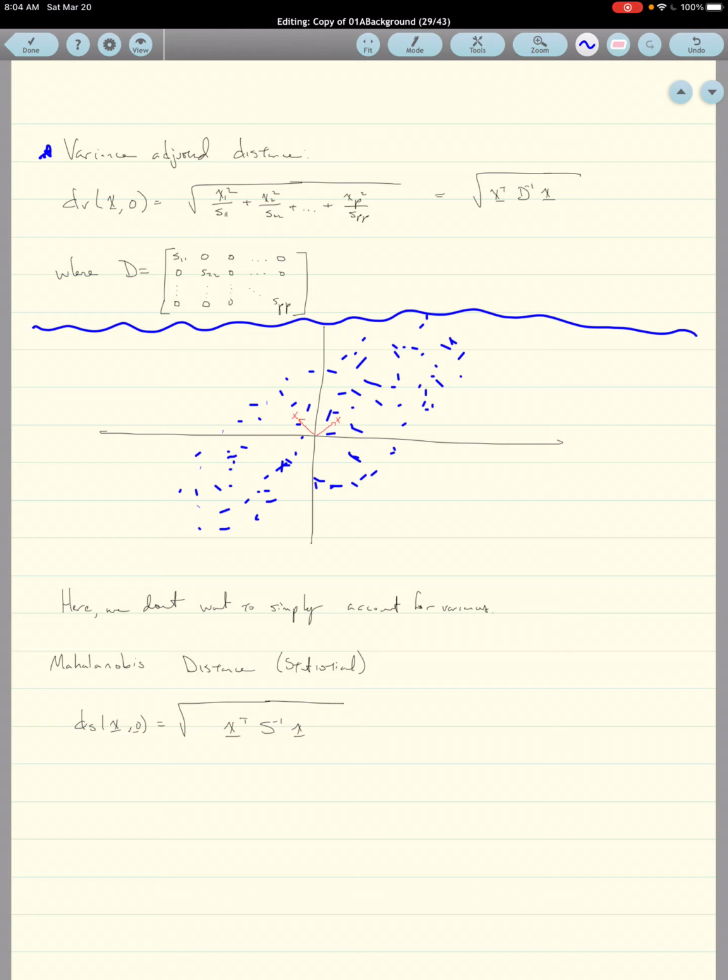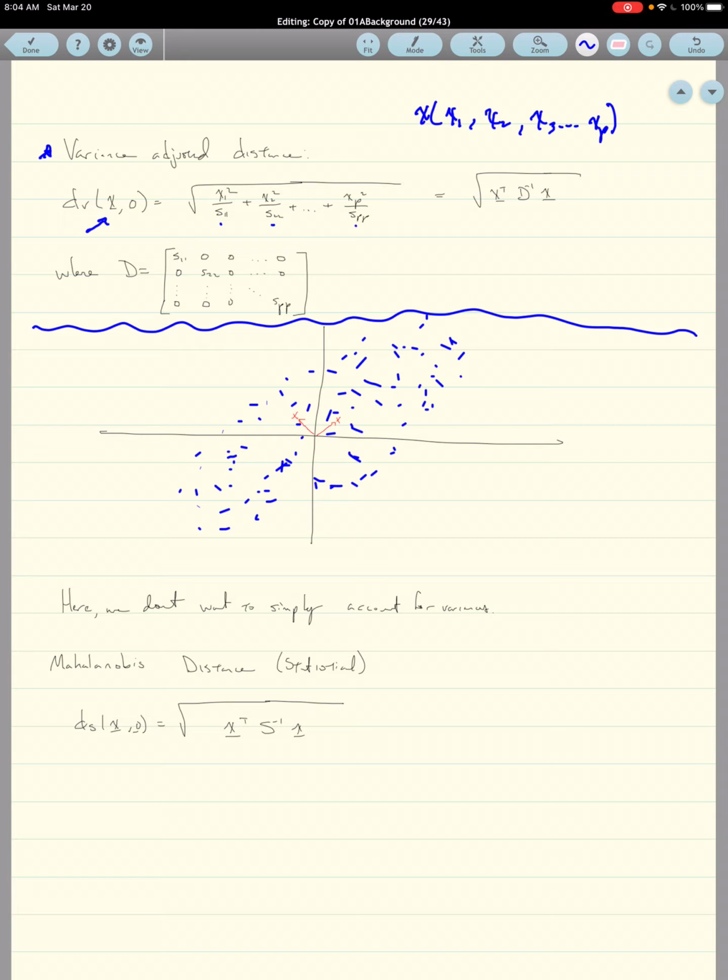So now what we could do, my notation here might not be ideal. Here I have a vector x without a subscript, so x has components x1, x2, x3 up through xp, and for the distance from x to 0, we could adapt the distances to account for the variances in the individual directions.